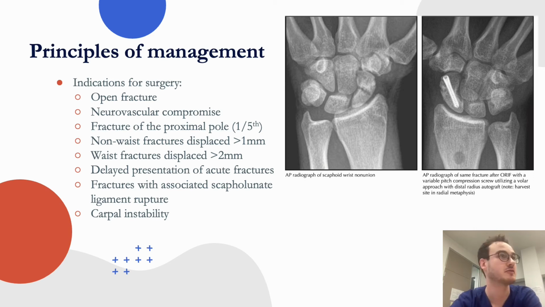Delayed presentation of acute fractures is important in the context of avascular necrosis, which we'll touch on in just a moment. And fractures associated with scapholunate ligament rupture, so the Terry-Thomas sign on plain film, and or any carpal instability. And so you can see here an example of surgery being performed for a scaphoid fracture that has been poorly united.